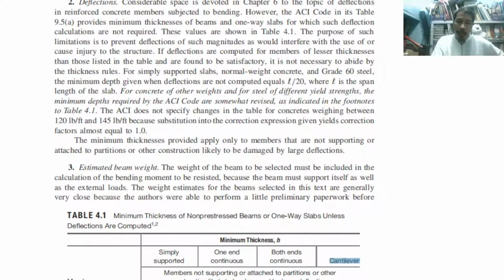On the other hand, if you are going to design the solid slab, start with cantilever 1 over 10, times 2, 1 over 20, plus 4, 1 over 24, plus 4, 1 over 28. So you can immediately memorize this table.